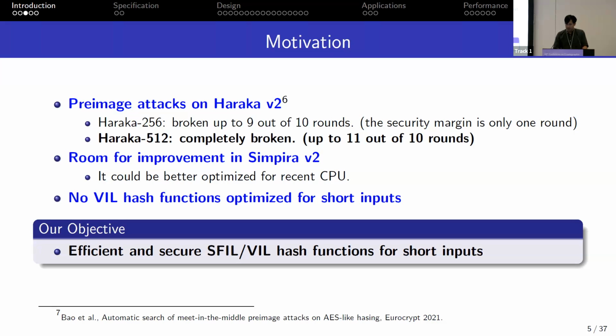And for Simpira v2, there is room for improvement. It could be better optimized for recent CPUs. And there are no VIL hash functions optimized for short inputs, to the best of our knowledge. That's our objective: to design efficient and secure SFIL and VIL hash functions for short inputs.